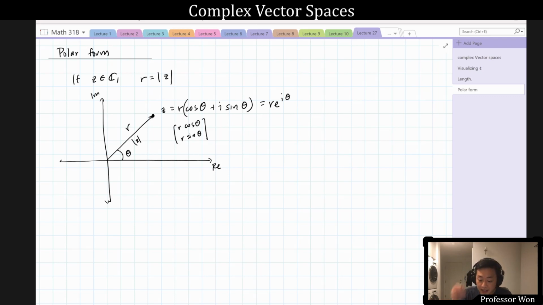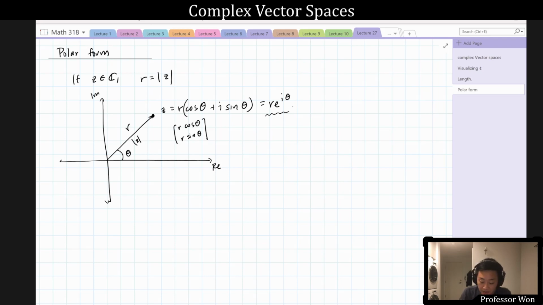If you're proving things in the abstract, oftentimes the polar form is more natural because it captures more of the geometry of what's happening. You'll see exactly why, because in terms of multiplication, the polar form captures the geometry much better. In terms of addition, I think probably the rectangular form, the standard form, is more natural.